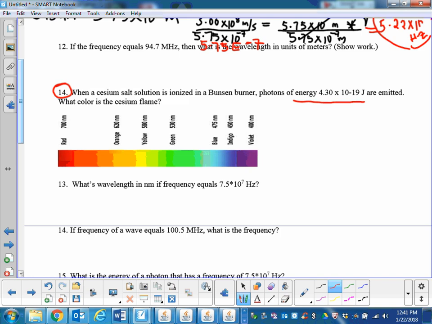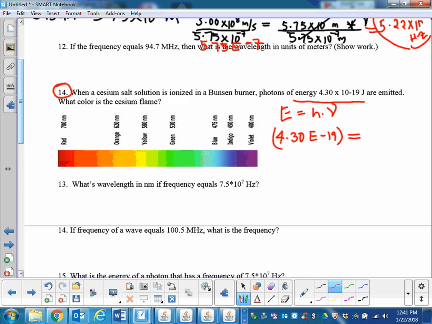If I have E equals h nu, what can I solve for if I'm given energy in this equation? Energy is 4.30 E negative 19. Is that correct?